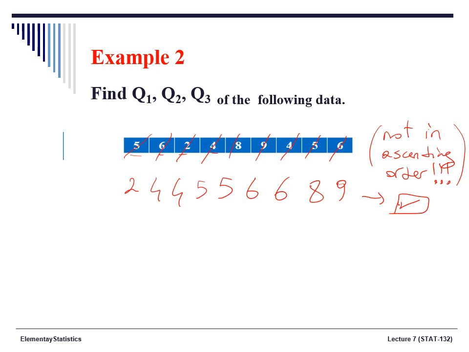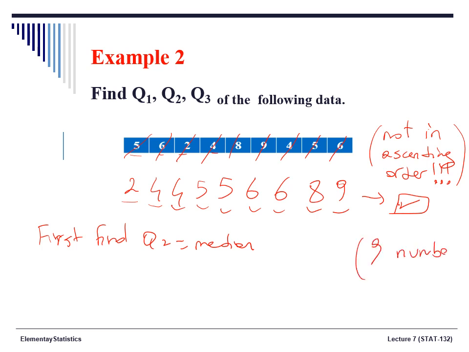Now the first thing you have to do is find Q2. So Q2 is the median of the data. Now, what is the median of the data? How many values do we have? 1, 2, 3, 4, 5, 6, 7, 8, 9. So 9 numbers. How can we find the median here?